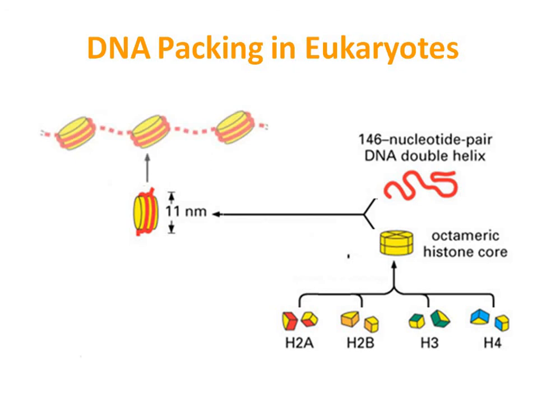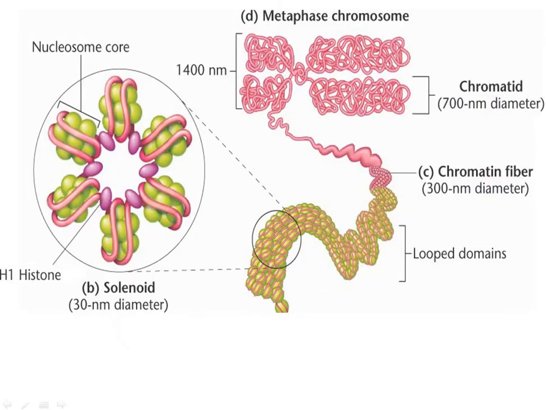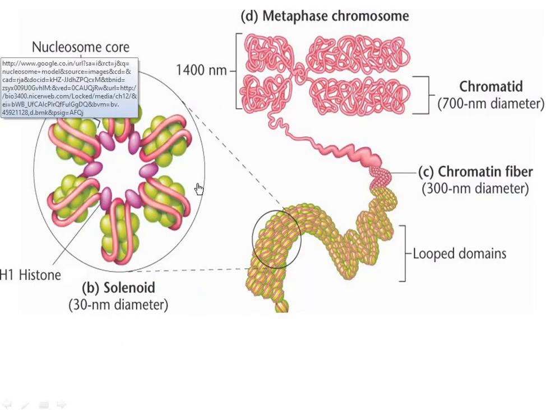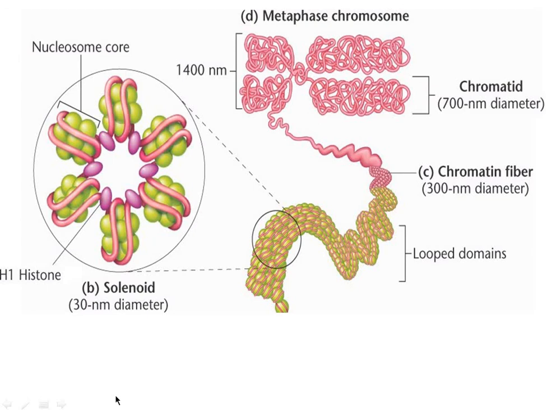One nucleosome and another nucleosome are held together by this linker DNA, and in between this linker DNA there is a histone 1 protein, and this chain of beads gets wound into a solenoid-like structure. This solenoid then forms a supersolenoid structure of 300 nanometer diameter, which forms the chromatin fiber.